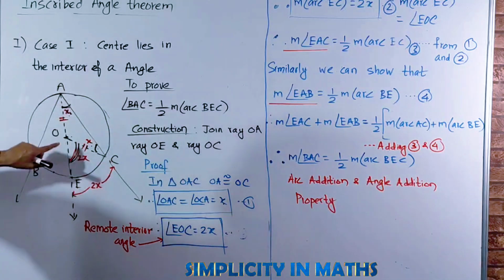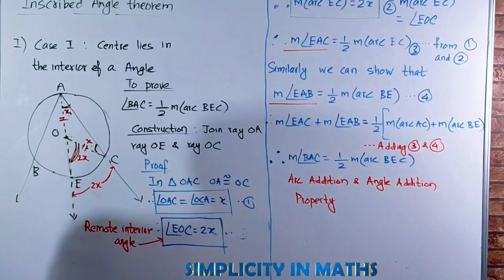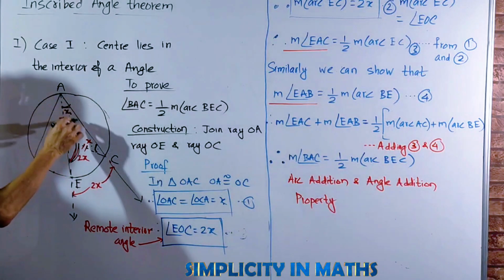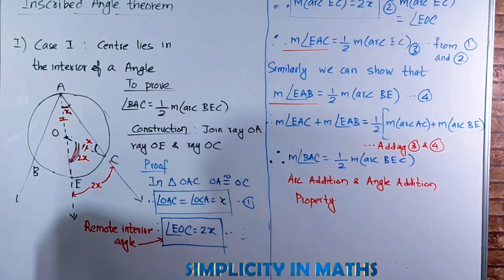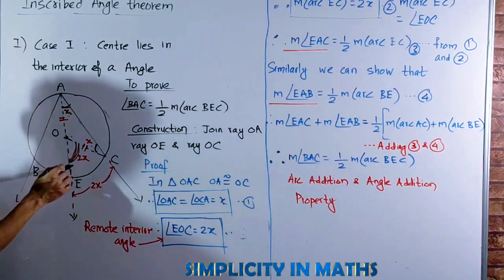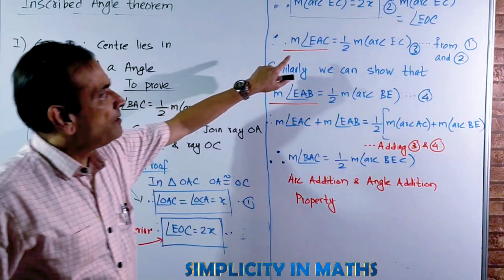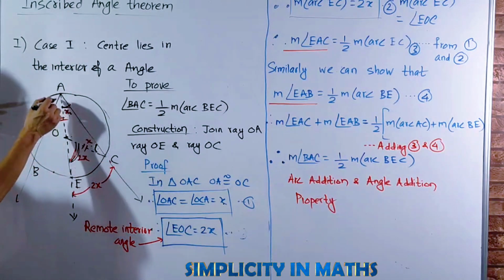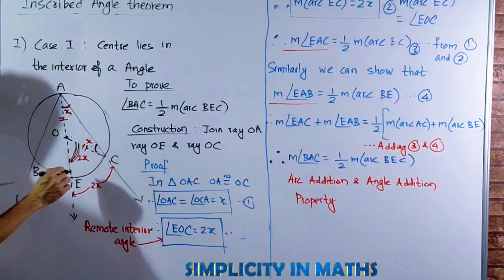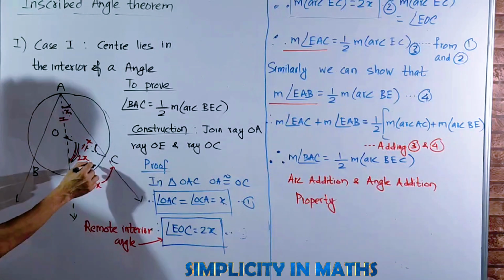Now instead of calling this OAC, directly we will consider angle EAC, because it will be simpler for angle addition later on. That's why I have written over here measure of angle EAC. Observe the diagram. Measure of angle EAC is equal to half the measure of arc EC.